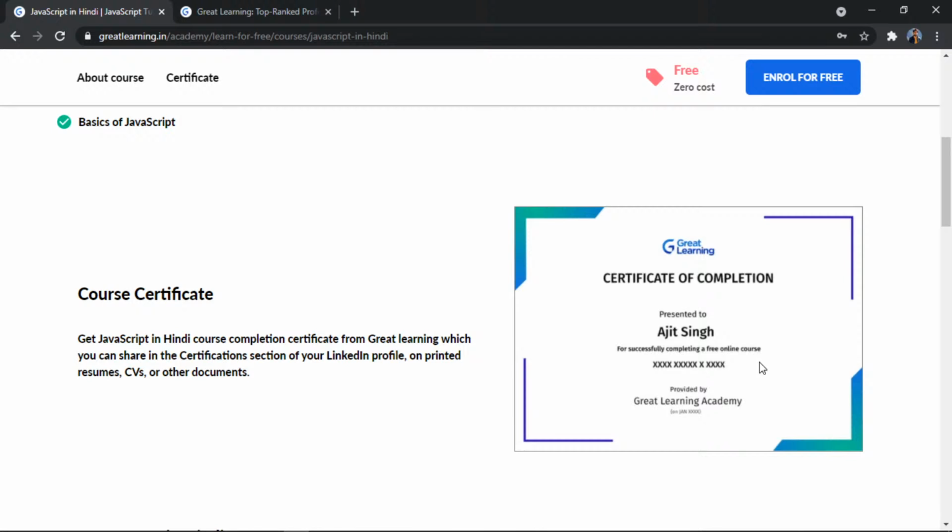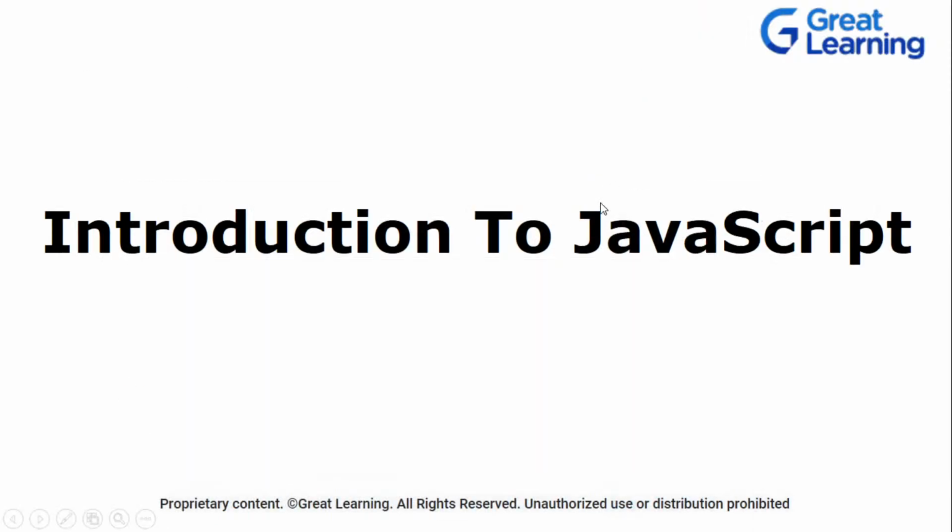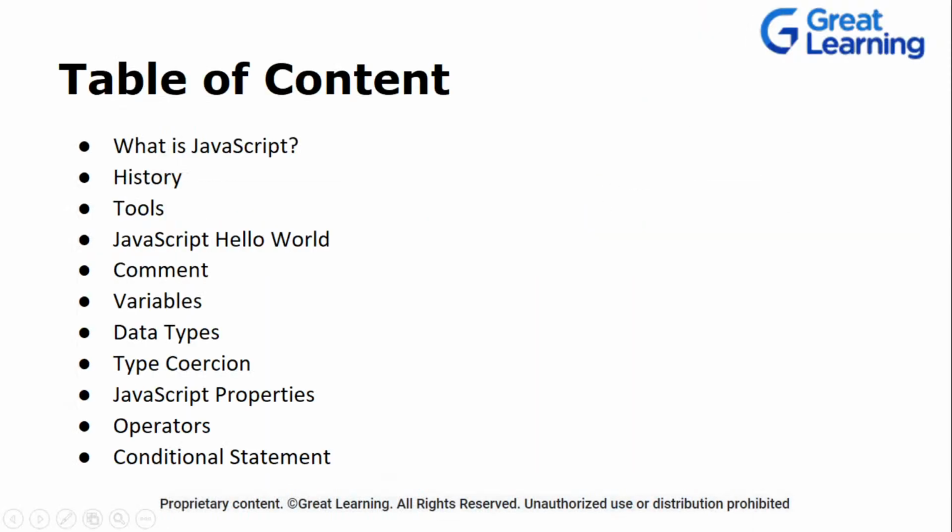Okay, cool. So now let's get started with this session. In this session, we will be talking about these pointers. First we'll talk about what is JavaScript, the history of JavaScript, and how it came into existence. Then we will talk about tools: where should you write JavaScript, or what are the different ways you can write your JavaScript code. Then we will write our first Hello World program. Obviously when we talk about any language, this is the first thing that you will do.